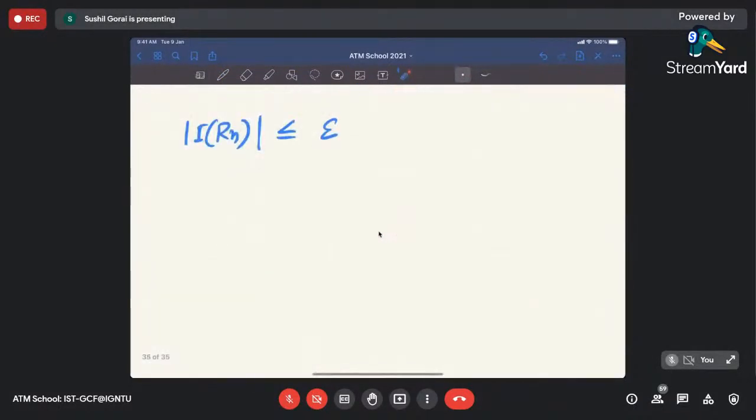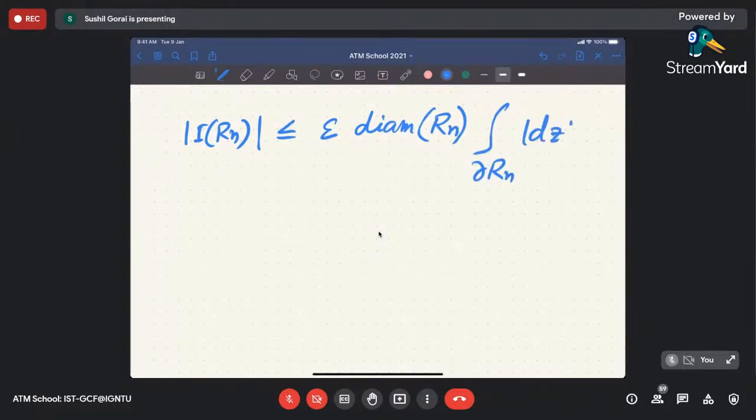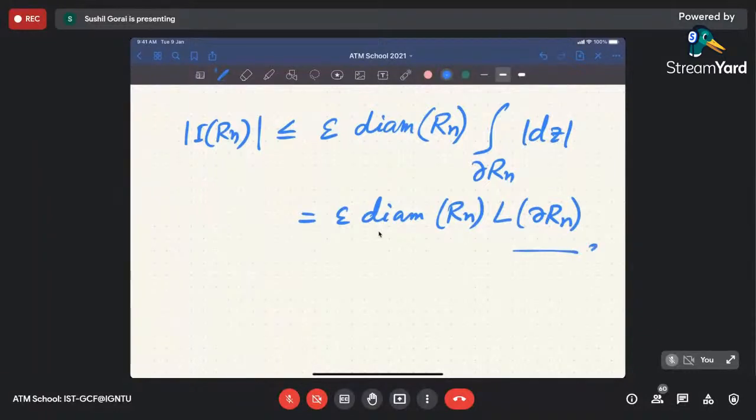So let's make it diameter of Rn, and you have integration over del Rn of mod dz. And what is this? This is the length of the curve del Rn, which is just the perimeter of the rectangle. All right. So this is epsilon times diameter of Rn times length of del Rn. Let's call this 3.